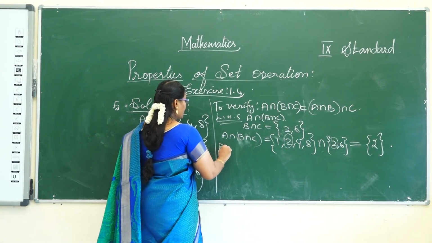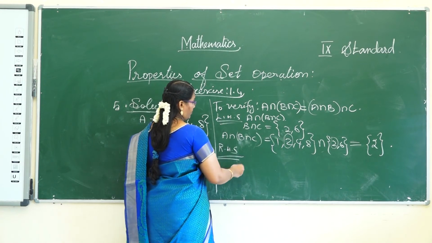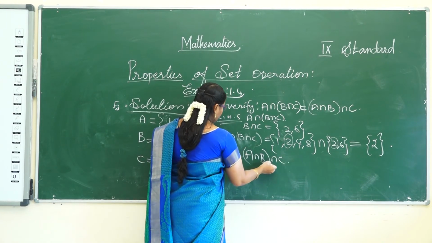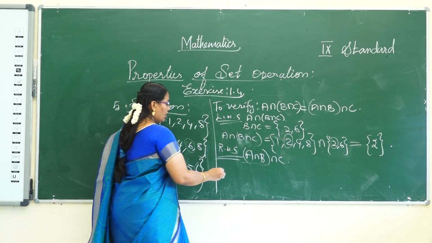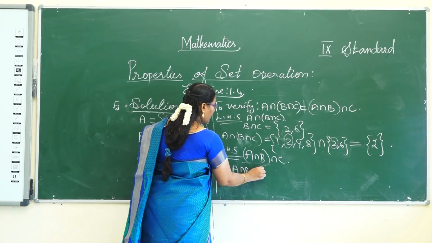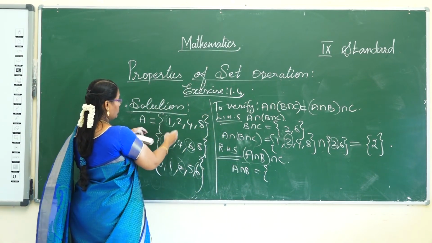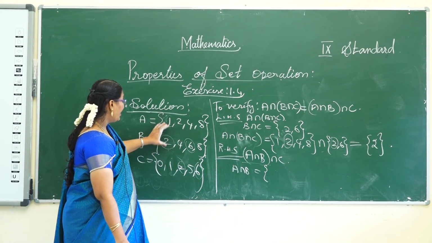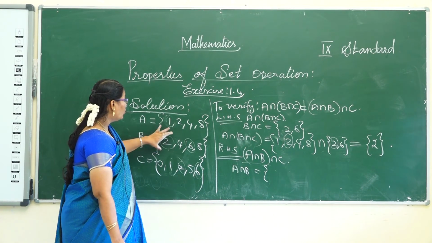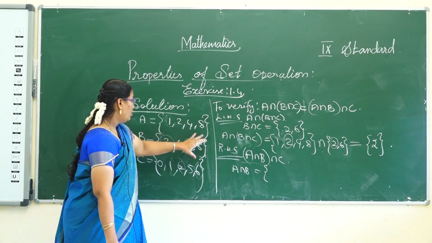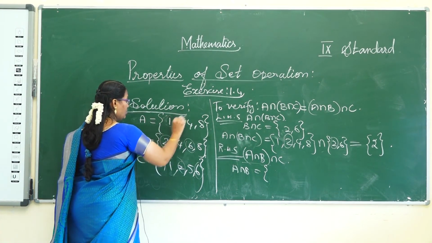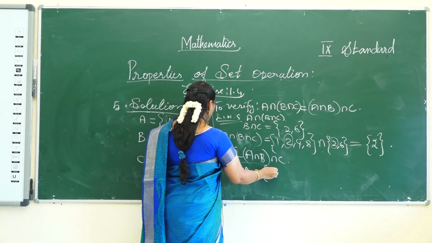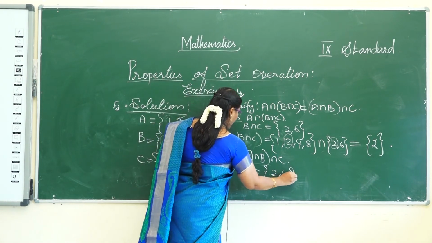And next one, right hand side: A intersection B intersection C. First preference goes to the parenthesis. So A intersection B: which are the elements common in sets A and B? 2, 4 and 8. These are common in sets A and B. So 2, 4, 8.